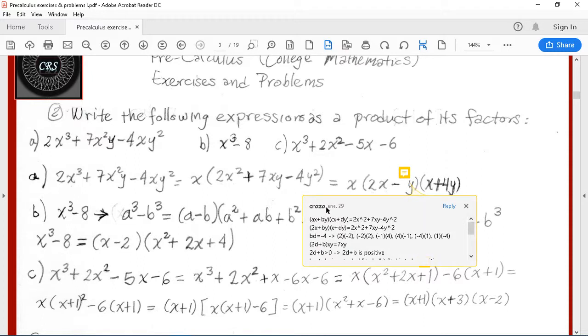Okay, let's start with the 2's and try out with that. We should have that ad plus bc, which are the terms that are multiplying xy, should be equal to 7.